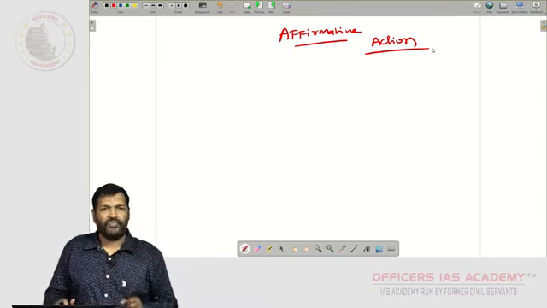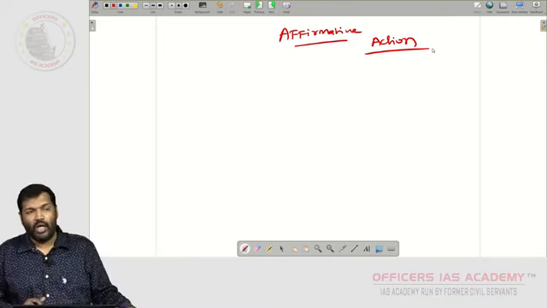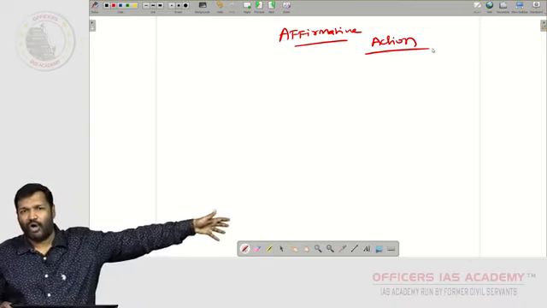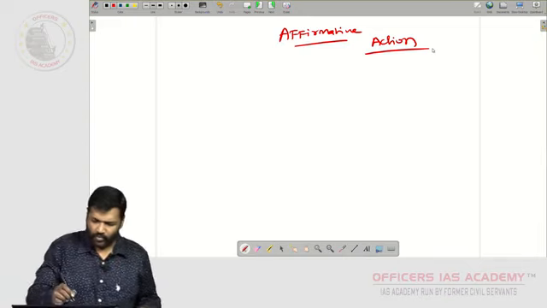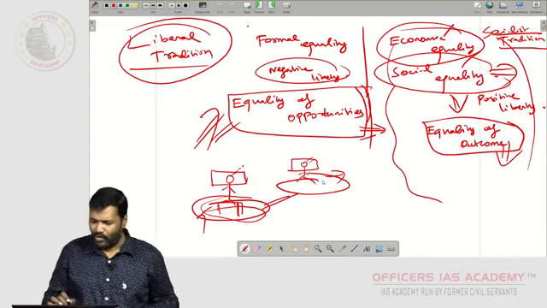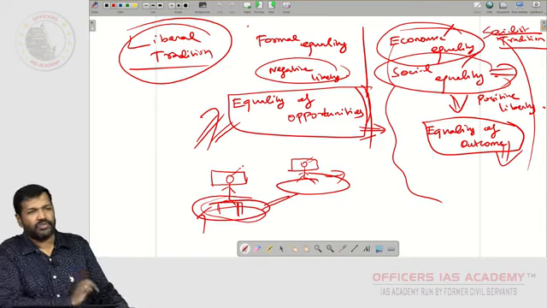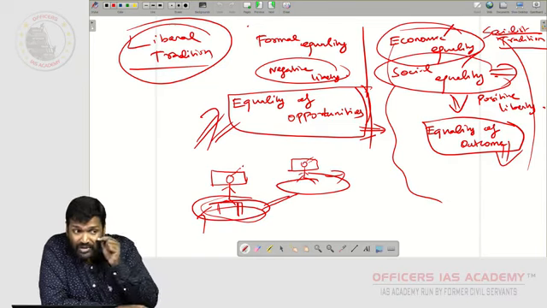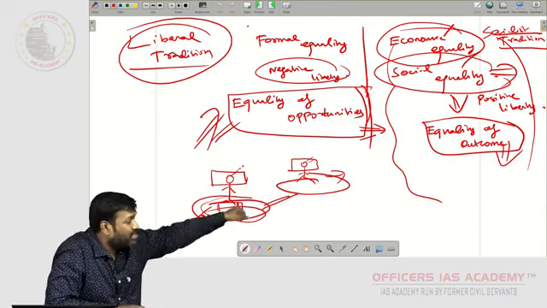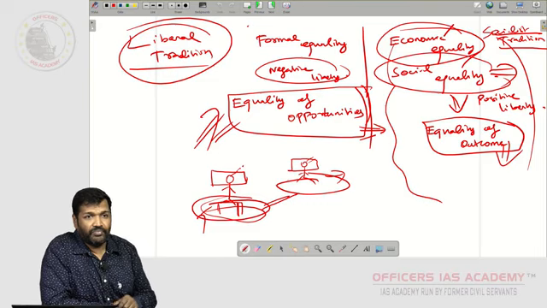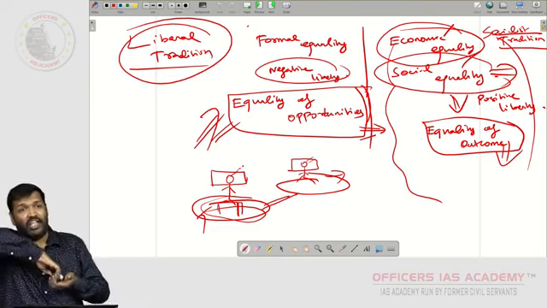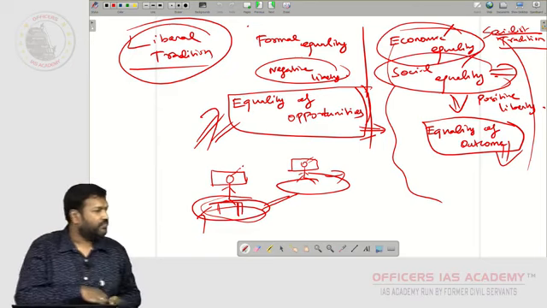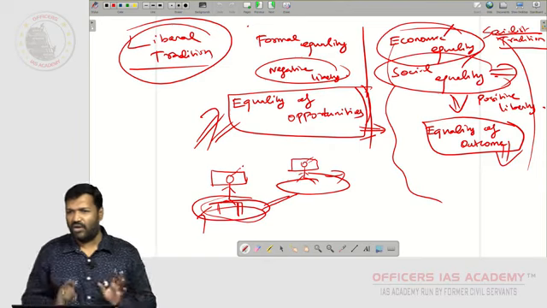For example, as I just now told you, when you speak a lot about equality of outcome, you have to compromise liberty. So for equality of outcome, you have to compromise the liberty of this person and this person. One person gets the stool, the other person does not get the stool. So one person's freedom is compromised for the other person's freedom. Correct? So here liberty and equality are contradictory to each other, going in opposite directions.